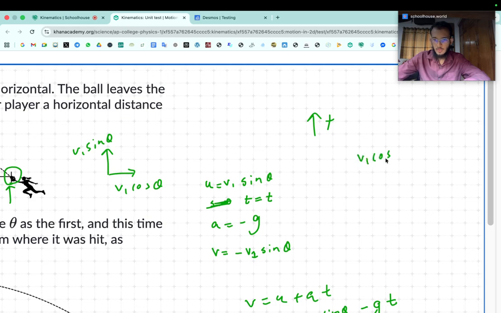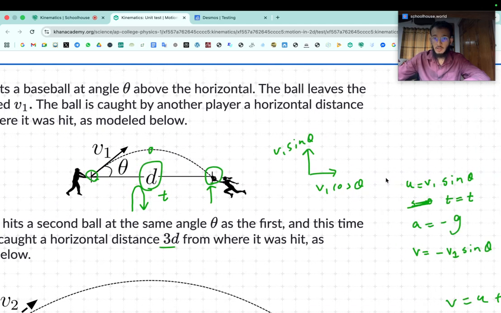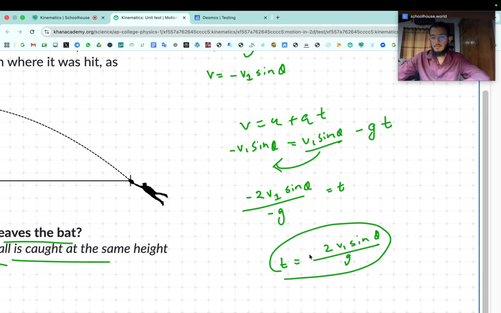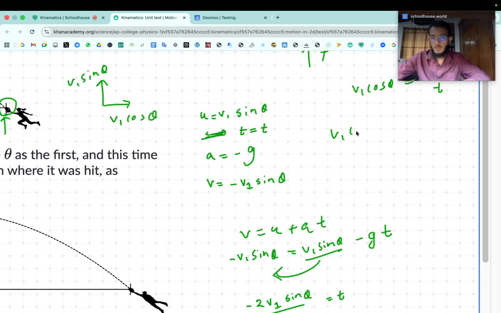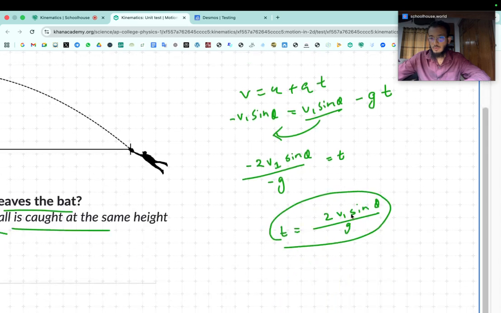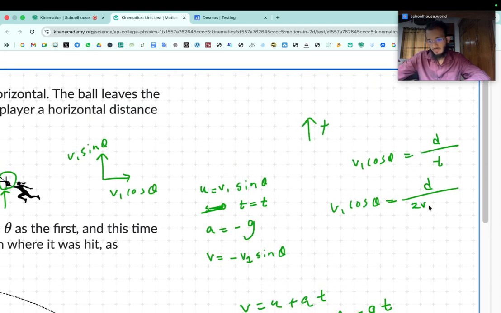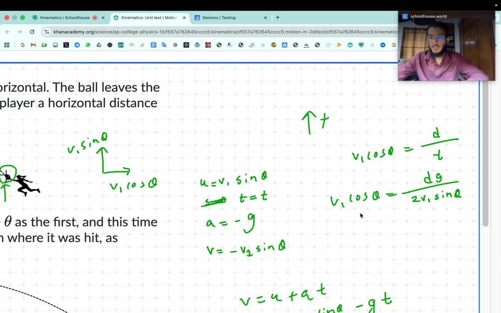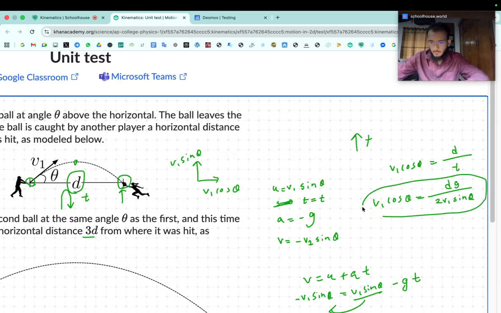So v1 cos theta equals horizontal displacement, which is d, divided by time taken. Speed equals distance divided by time taken. Now, this is the time, so we can plug this one here. v1 cos theta equals d divided by 2v1 sine theta over g. And because this is divided by g, it becomes multiplied above, the reciprocal, 2v1 sine theta. Now, we keep it as it is.